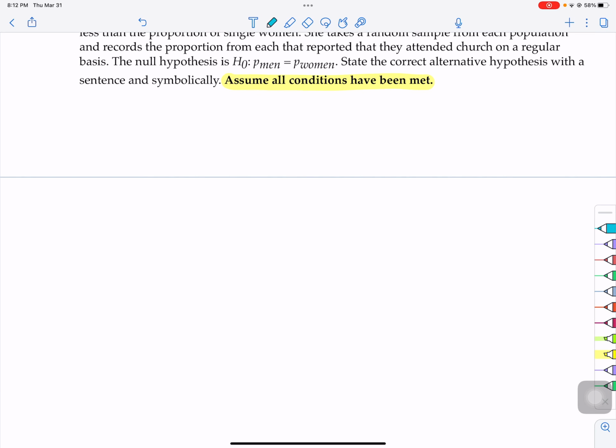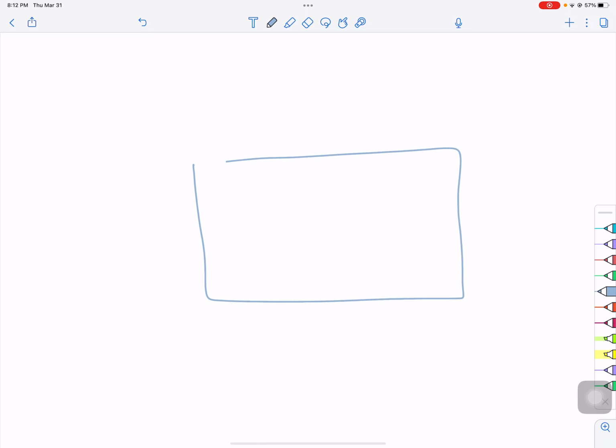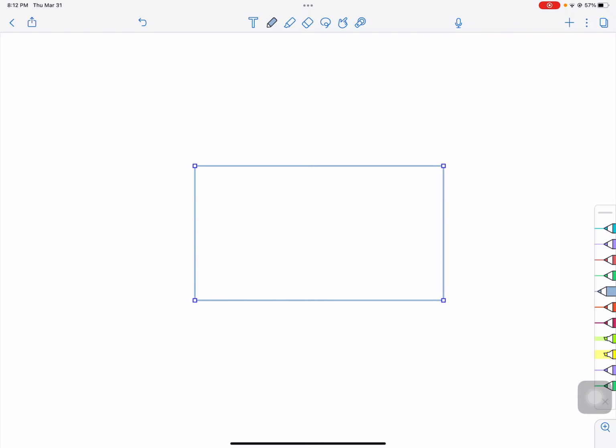So on this page here, I thought I would go ahead and go through a table. And this table is actually going to have to be completed on your test. So let me just make a big rectangle here, and I'll go ahead and have 4 quadrants. And I'm going to explain a little bit here first.